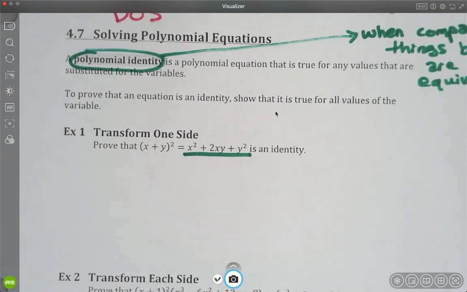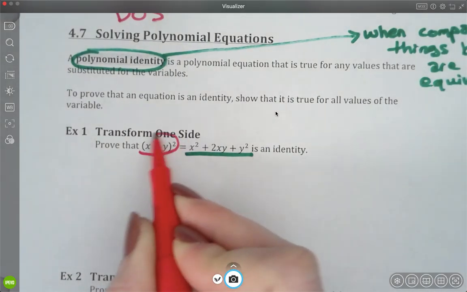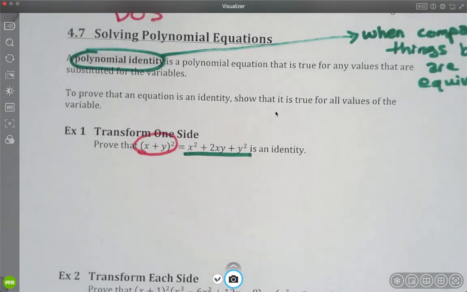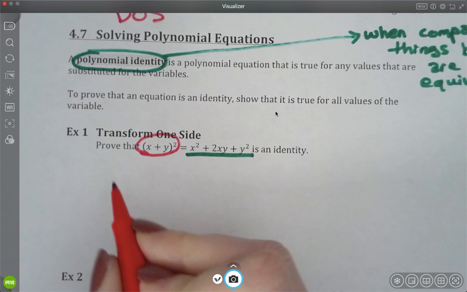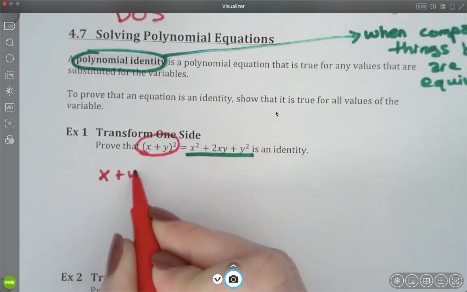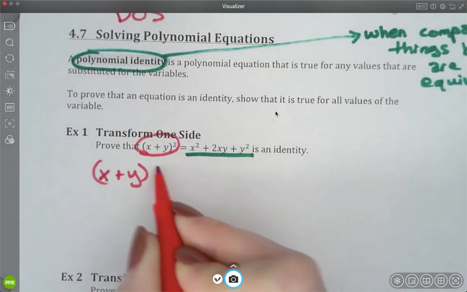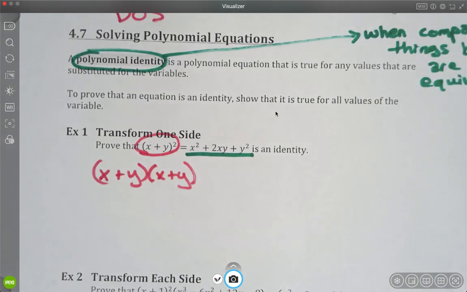But what I can do is on the left side, we can simplify this guy. So what does it mean when it says x plus y squared? Yes, x plus y times itself 2 times, right? So I'm going to take x plus y times x plus y, and we're going to foil that and see if he turns in.